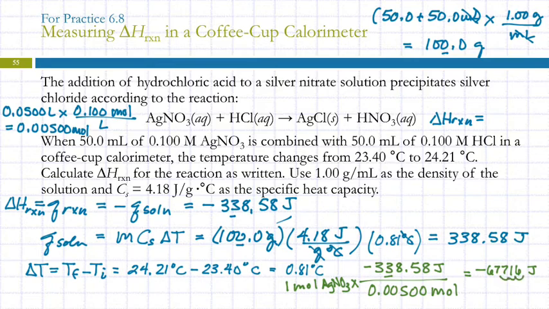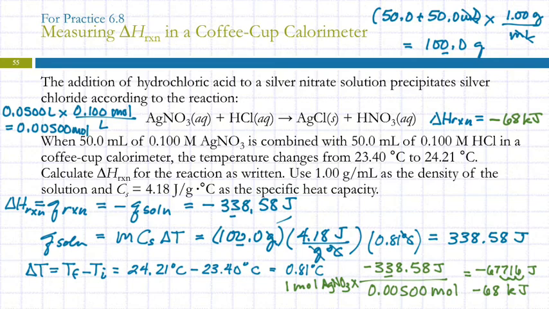See, I did 1, 2, 3, yeah. Kilojoules, so minus 68 kilojoules. And that's for 1 mole of this, or 1 mole of that, or 1 mole, or 1 mole. It's a lot of energy.